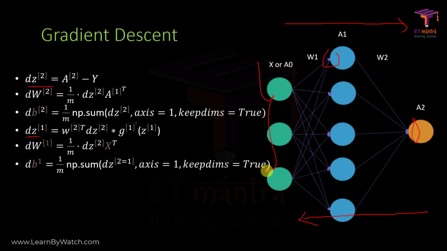You won't have to write all the equations for backward propagation. You just have to give the parameters for the layers. For example, how many layers you want to add, and how many neurons will be in each of these layers, and so on. And all this backward propagation and forward propagation will be handled by TensorFlow itself. But from the theory point of view, it is good to know.